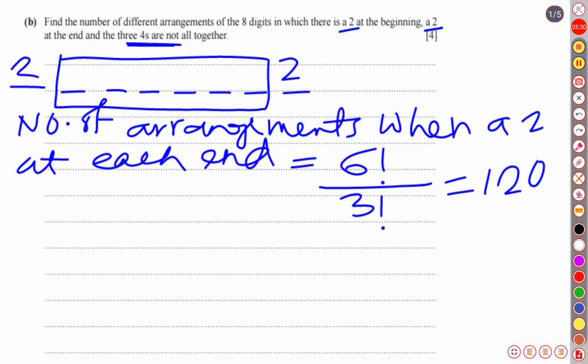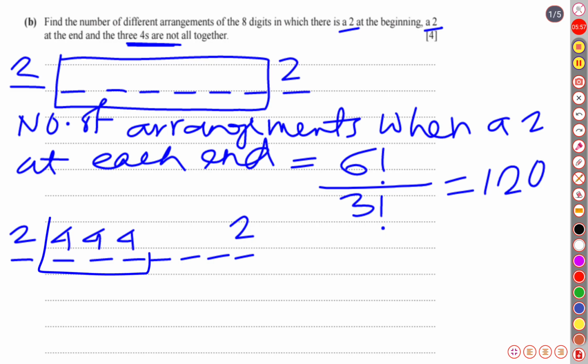For the final part, we are going to write this again. Look at this. If 2s are at each end, positions 1 2 3 4 5 6 7 8, and we will see that if the fours, look at this, these 3 fours are all together, then what will happen?